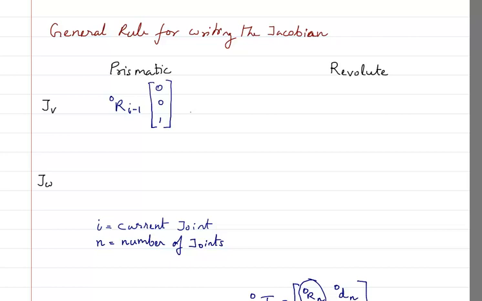If you take the current joint to be the ith joint, you have to write the rotation matrix from the base to the I minus 1 frame. We will see how to apply this when we take a specific example. Since the prismatic joint has no rotational movement, the rotational part, J omega, will be all zeros.